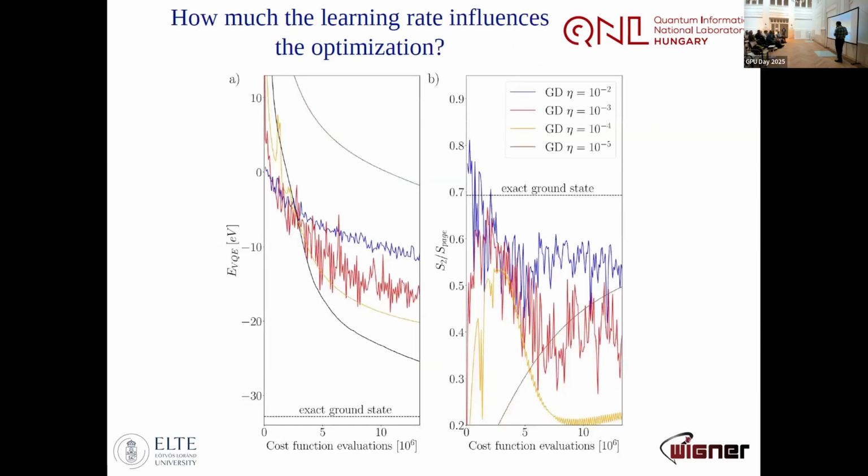Why is that? So first of all, if we are talking about the gradient descent method, we should set the learning rate to a good value. Starting with the value 10 to the minus 2, we can see that a lot of oscillations happen during the optimization.